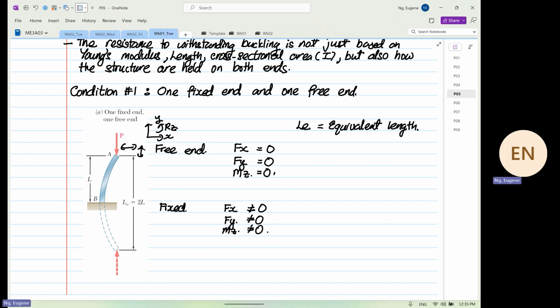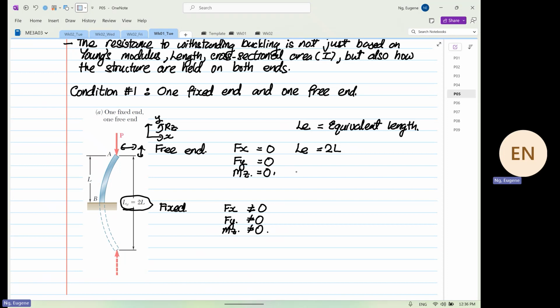So the equivalent length over here, as you can see down here, is equal to 2L. It's equal to 2L, meaning the equivalent length is twice the original length.